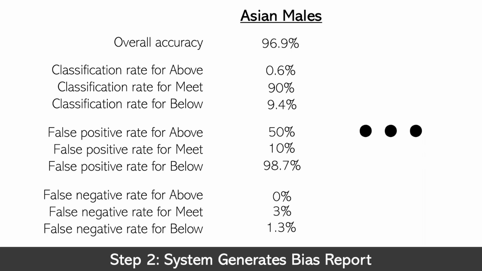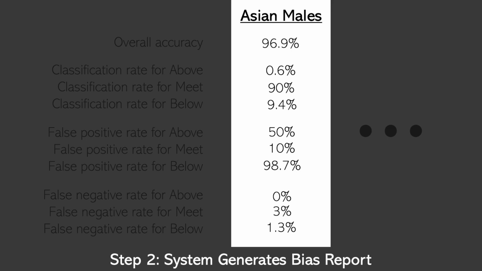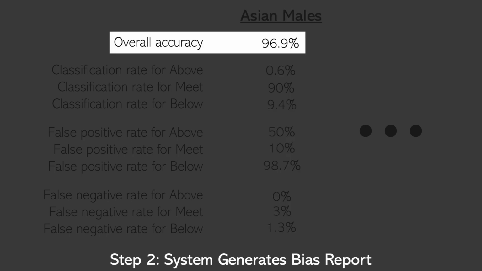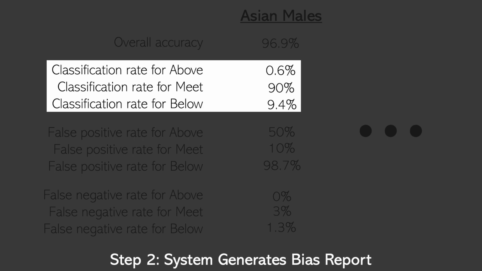The bias detection tool then generates a bias report. What you're looking at is a table where each column is a demographic group. There are many other demographic groups in the table, but let's focus on Asian males for now. And each row is a performance measure, such as overall classification accuracy. For each class, it also shows the classification rate.